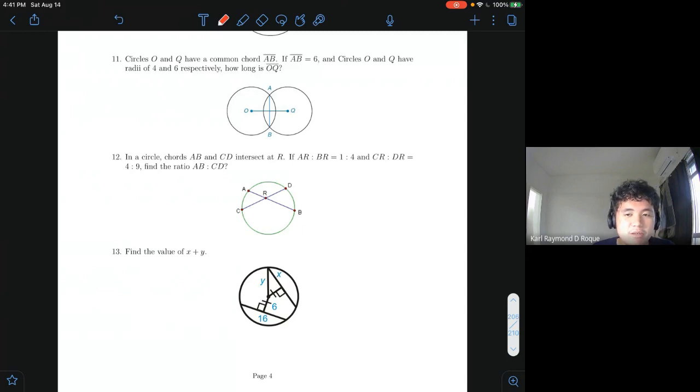Natapos natin yung second and third quarter sama. Last is trigonometry, pero I'll see if we have time to do that. Yes. Okay. So, if we don't have any other questions, we can end already.